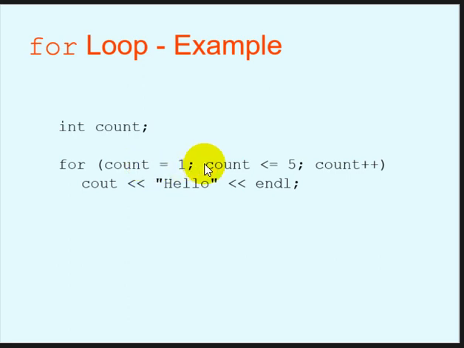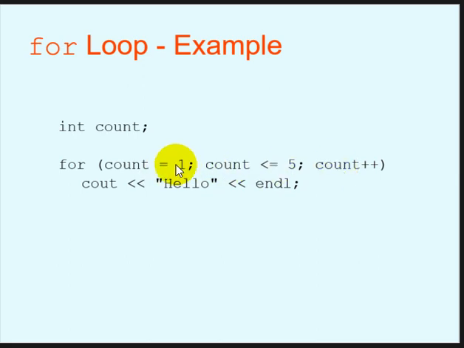Count is less than or equal to 5 is the test, and this ensures the endpoint, the number of times you want to execute the loop. So this 5 means you want to repeat things 1, 2, 3, 4, 5 times. And finally, after the semicolon, I have count plus plus, which is the update, a counter variable.